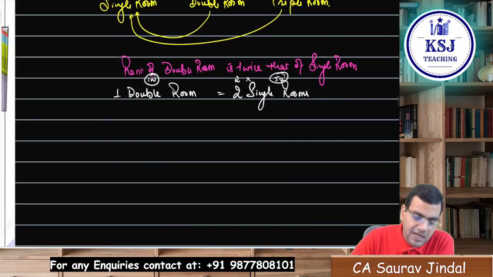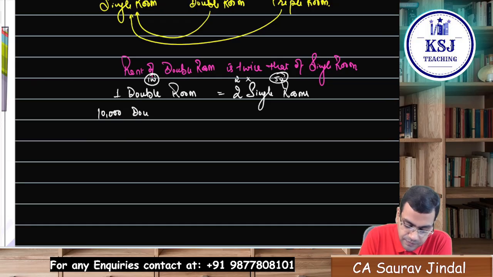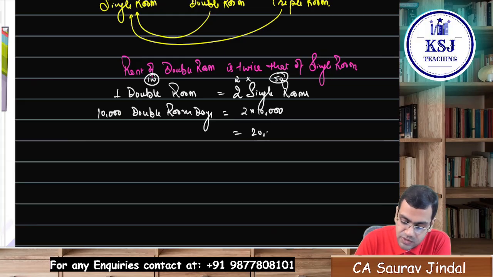So one double room is equal to two single rooms. Let's say from the information given, you have calculated 10,000 double room days. It will be equivalent to how many single rooms? That is 2 into 10,000, that is 20,000 single rooms.